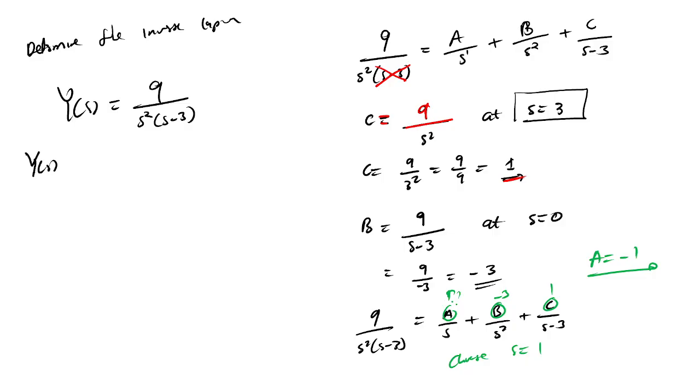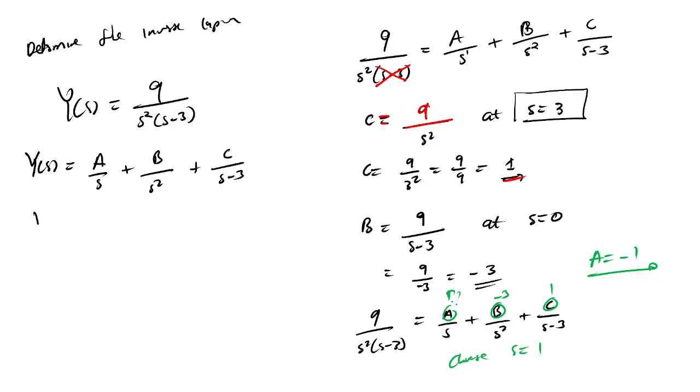So to solve this, we have Y of s equals 9 over s squared into s minus 3. We can break this down as A over s plus B over s squared plus C over s minus 3.